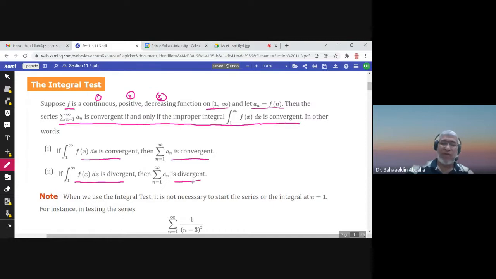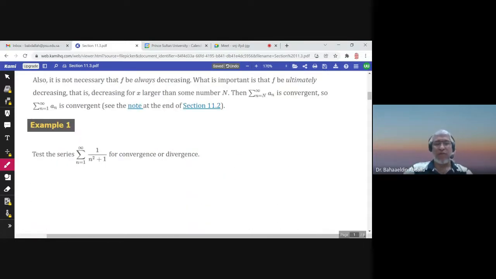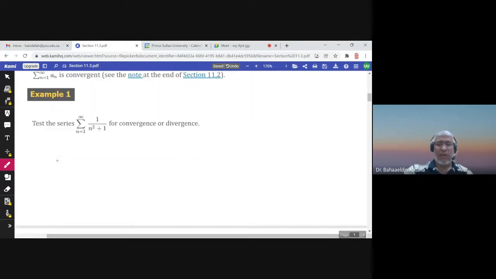So how to use the integral test? We will be given a series, for example, this series. Test this series for convergence or divergence. And we have to look at this series and see whether the terms are positive. If n is 1, 2, 3, 4, it's clear that it is positive. Continuous: the denominator is not 0 from 1 to infinity.